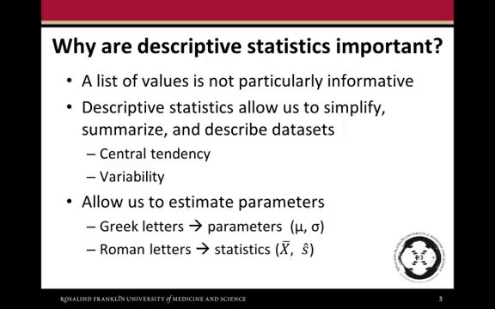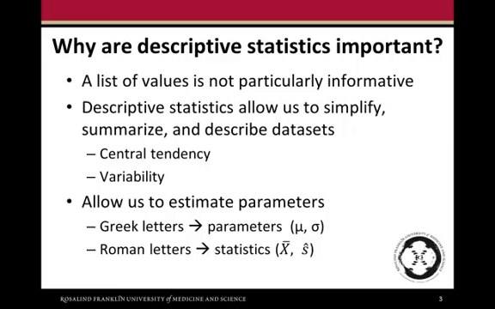And when we look at descriptive statistics, we're looking at a statistic, right? So statistics come from samples, and what we want to estimate is parameters. So remember, populations have parameters. These parameters are written as Greek letters. So here we have mu and rho, and statistics are represented by Roman letters.